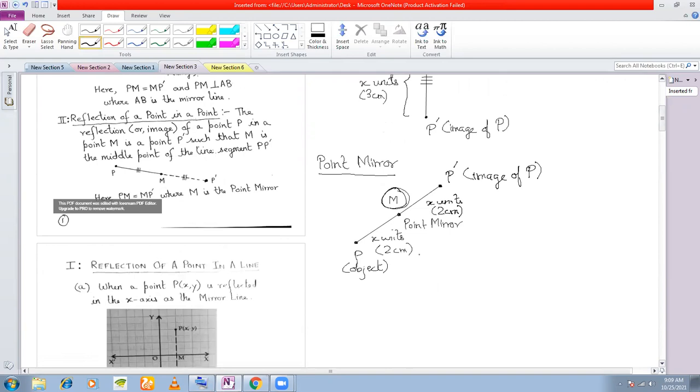So there are 2 kinds of them, but the concept remains the same, that the distance of the object from the mirror must be equal to the distance of the image from the mirror. That is what the concept is all about.